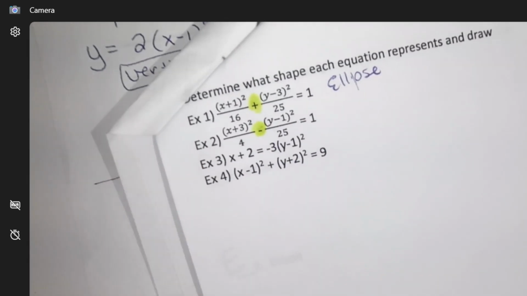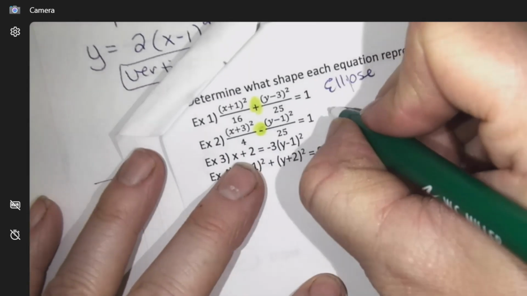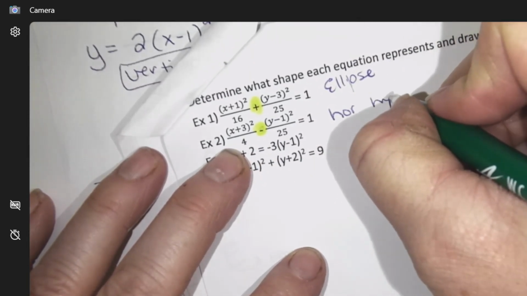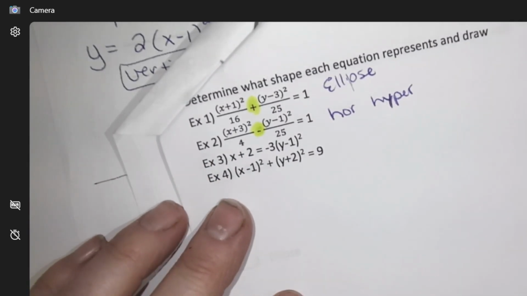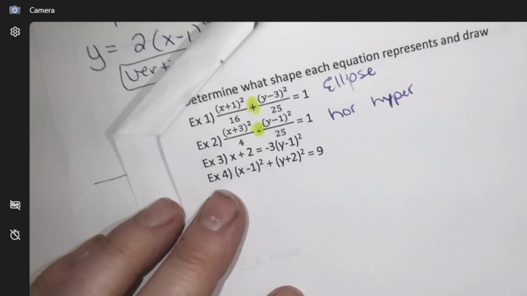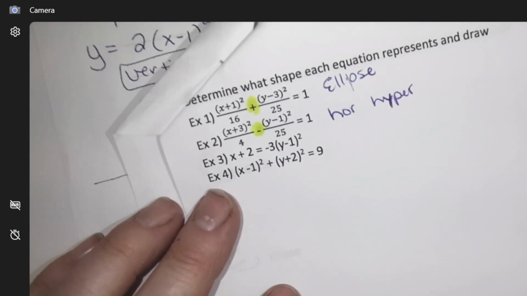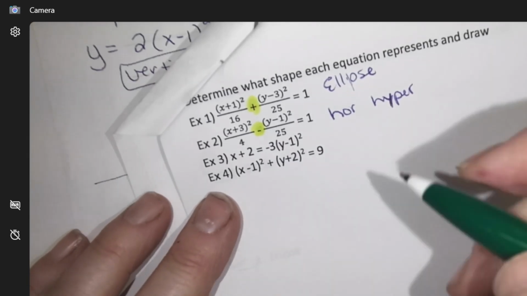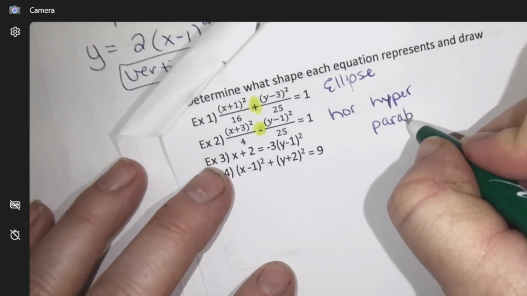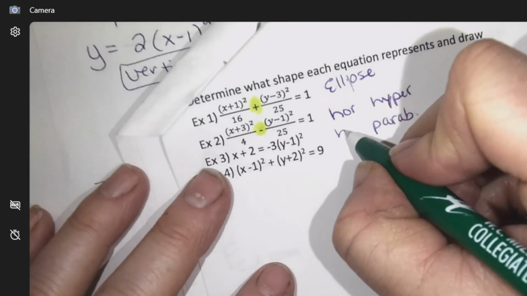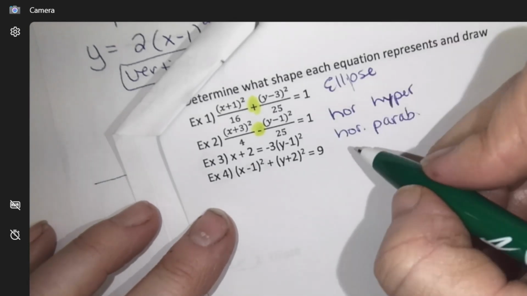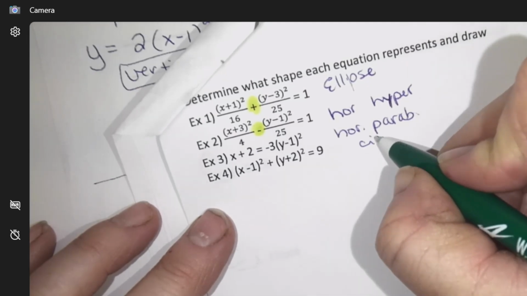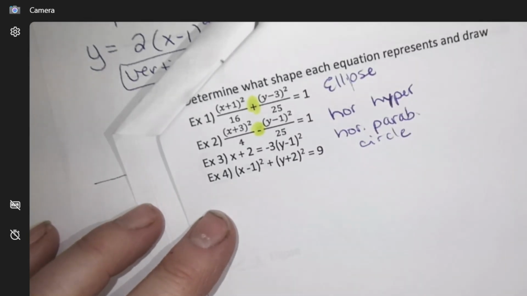So it's a hyperbola. It's a horizontal. Number 3, there's an x, not an x squared, so it's for sure a parabola. And then what kind? Horizontal. And then the last one, do you recognize that one? It'd be a circle.